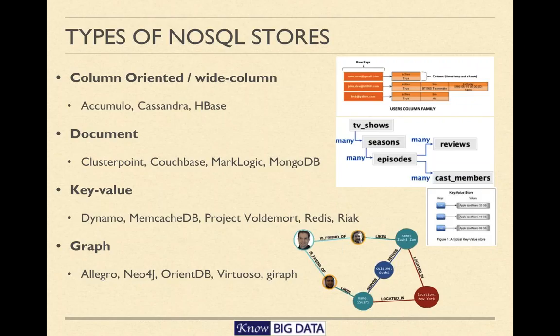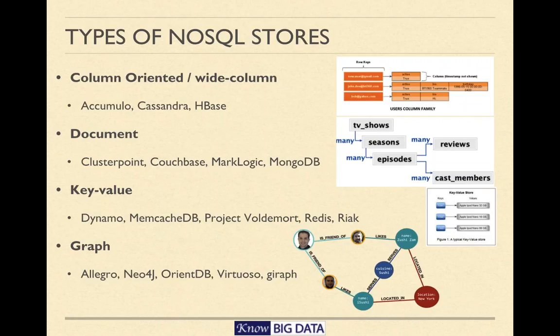The third is the key value kind of store. Key value stores are the most basic, whereby you store the data in the form of two columns, key and value.